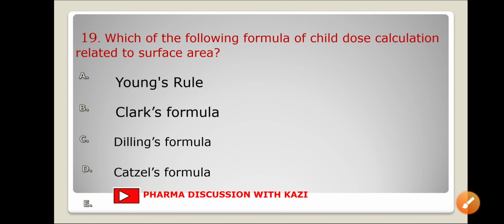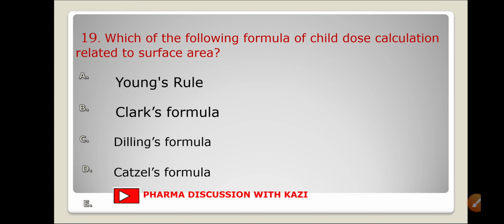Next question. Which of the following formulas of child dose calculation is related to surface area? The options are Young's rule, Clark's formula, Dilling's formula, Katzel's formula. The correct answer is D, that is Katzel's formula.